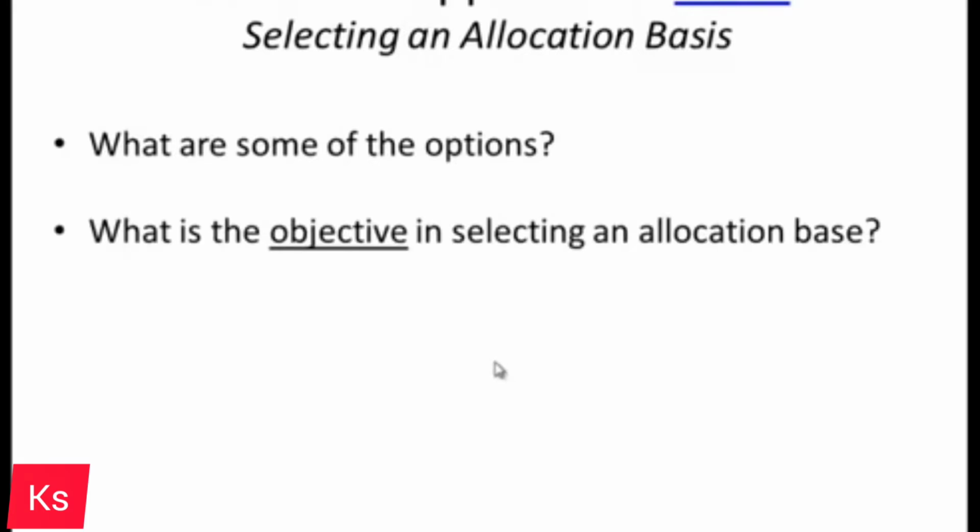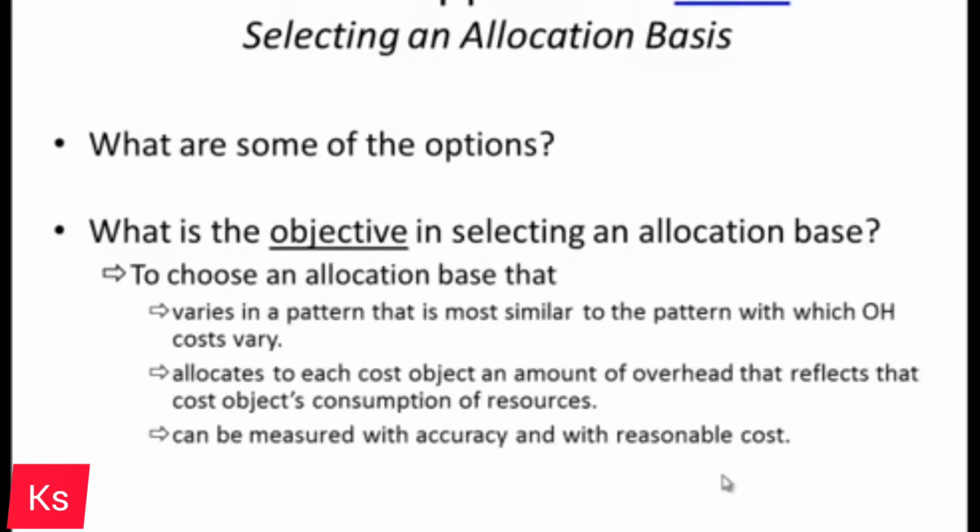In thinking about this and trying to make a choice of what you're going to use as the allocation base, we want to think about what the objective is of selecting the allocation base. What we really want is to be allocating overhead to a product in a manner that reflects that product's consumption of those overhead resources. So we want the allocation base to vary in a pattern that is most similar to the pattern with which overhead costs vary.